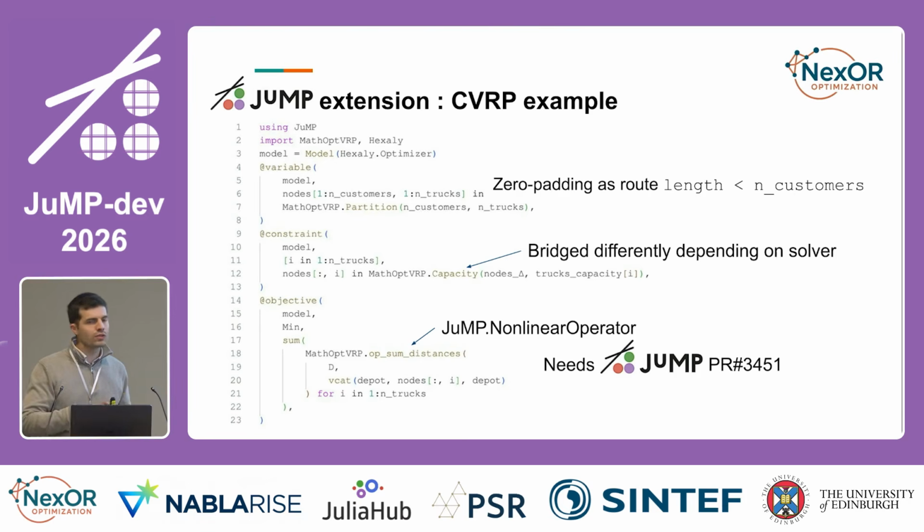So if you have, let's say, 100 nodes and 10 trucks, you don't know how many nodes each truck is going to visit. It's not going to be 10 nodes for each truck. So you don't know in advance. For each truck, the list of nodes that it is going to visit is a list for which you don't know the size. And so we don't really have a way in JuMP to represent that list for which we don't know the length.